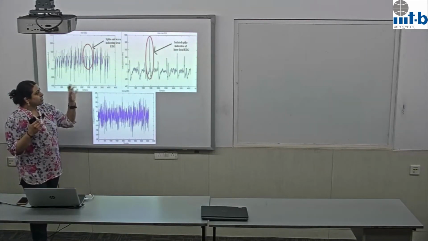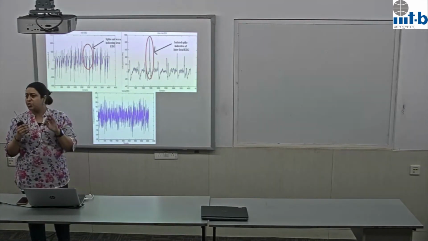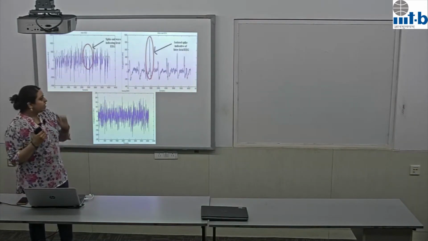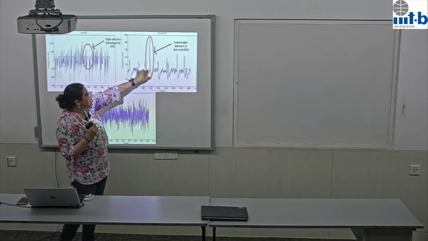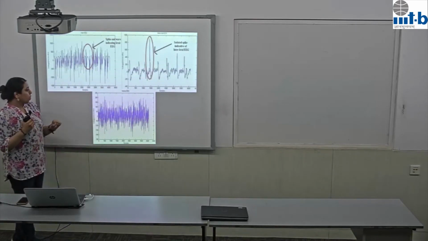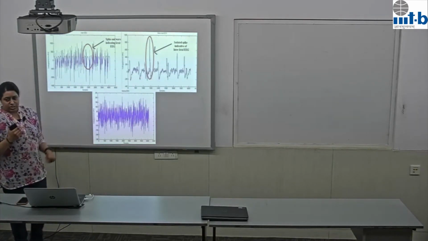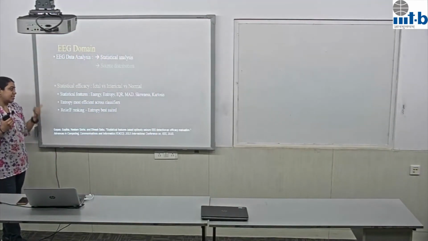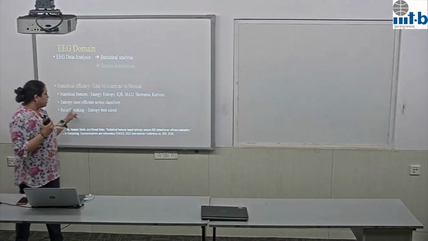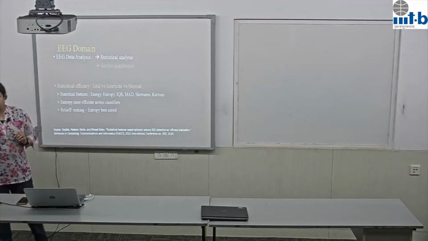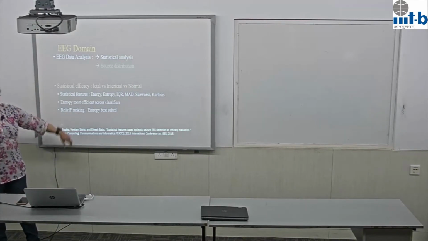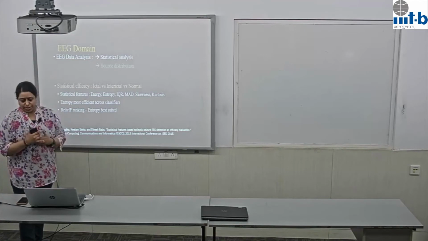That is, a person is at present not experiencing a seizure, but has a history of seizure. In such a case, there can be isolated spikes. And finally, we have the normal EEG. Here again, it was found that statistical features, especially entropy, were the most effective in distinguishing the three classes. And using the feature ranking ReliefF, it was also seen that entropy was best suited.